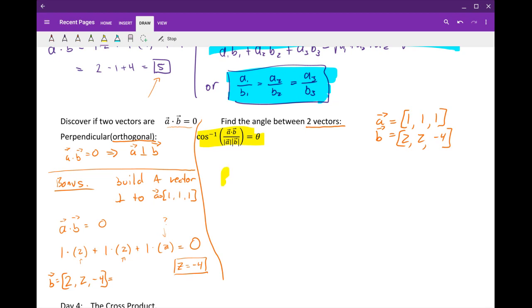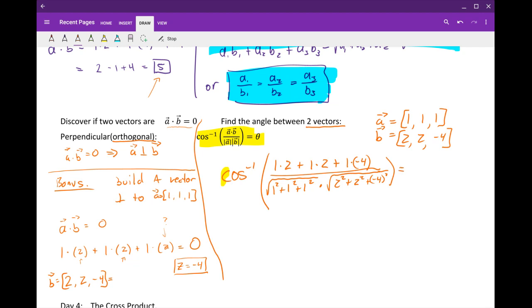So it's the cosine inverse of A dot B, which is 1 times 2 plus 1 times 2 plus 1 times -4, over the magnitude of A, which is 1 squared plus 1 squared plus 1 squared, times the magnitude of B, which is 2 squared plus 2 squared plus -4 squared.